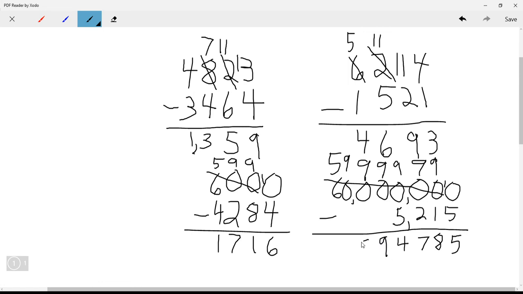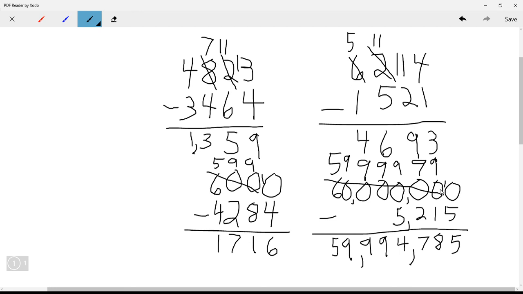So 9, 9 minus 0 is 9, 9 minus 0 is 9, and it stays to the 5, and it becomes 59,994,785.